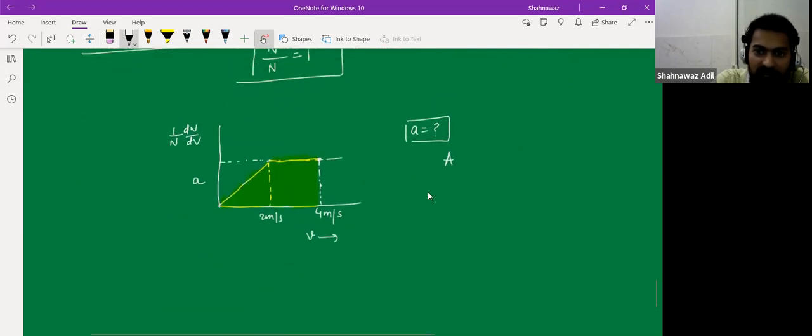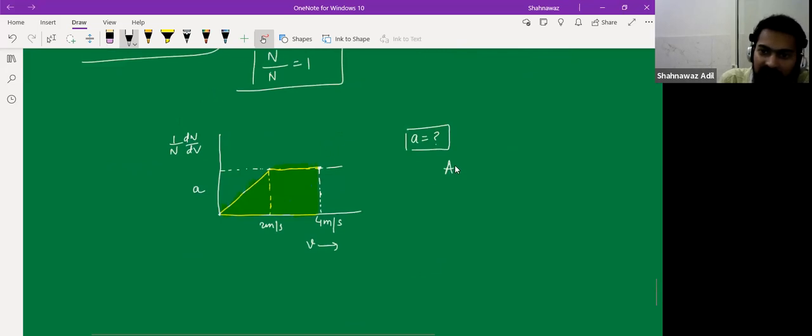Okay, so we calculate the area, which will be what? This is A, right? And this is 2. So this will be half of A into 2, right? And this is 2 and this is A, right?